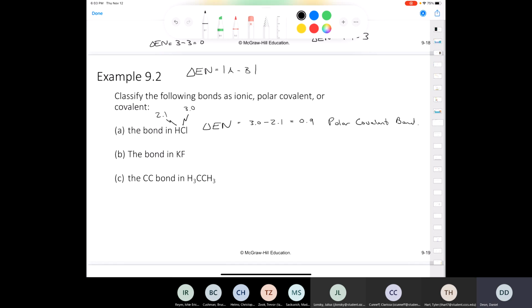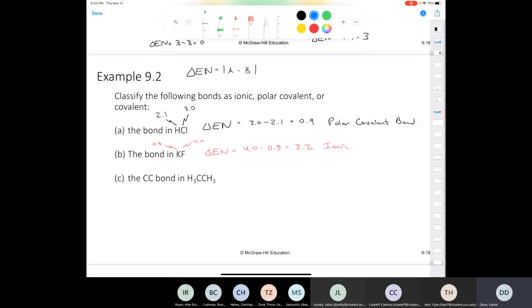What about potassium fluoride? Potassium has an electronegativity of 0.8, and fluorine is 4.0. That gives me a value of 3.2, which is definitely more than 2, and so this would be an ionic bond that holds potassium and fluorine together.